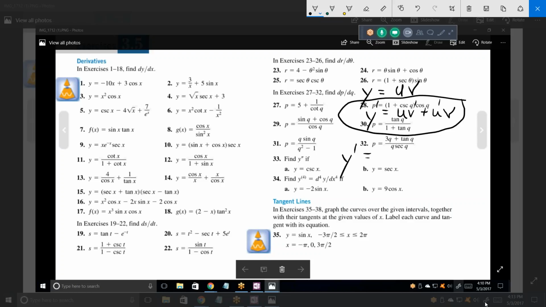Would that just be u v? Well, what's u and what's v? u is x squared. In other words, our function was x squared cosine x, which means u is x squared and v is cosine x. Okay. So x squared cosine x plus x squared cosine x.